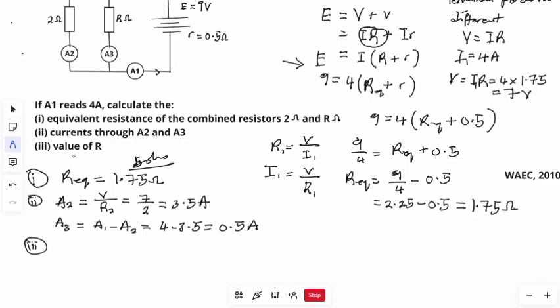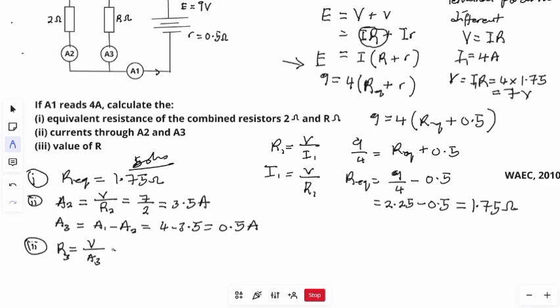says calculate the value of R. Now, since we know the voltage across that R, which is 7 volts, and we also know the current through it, it's easy to get the resistance. From Ohm's law, we can say the resistance R, or let's label that R3, will be equal to the terminal potential difference, or the voltage across the parallel connection, divided by A3, the current through it.